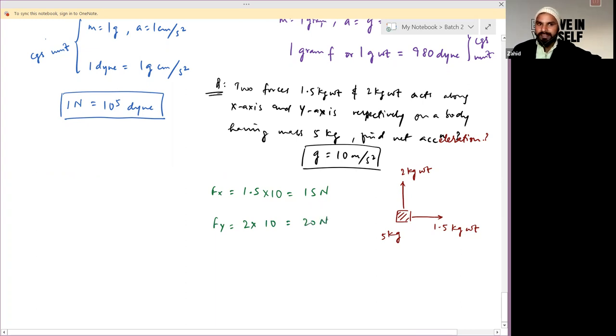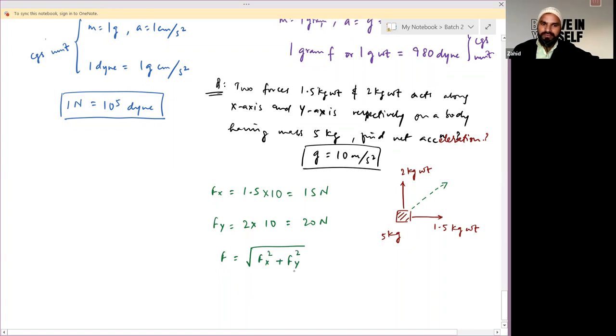Now Fx and Fy are components of force, so you have to calculate the net force acting on this particular object. Using the concept of vector, it will be the root of x component squared plus y component squared.